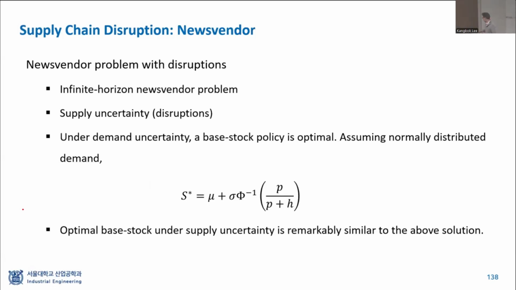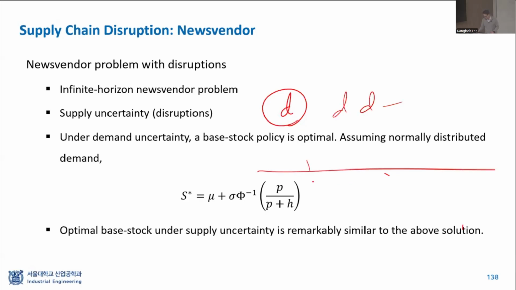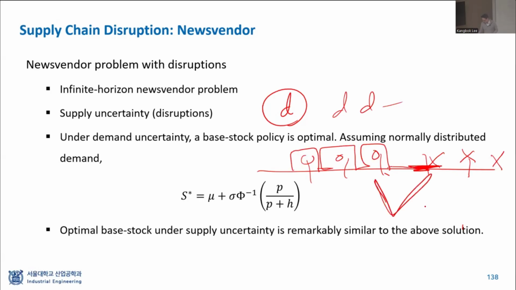The customer demand is fixed at D, it's always D. But the problem is that in certain time periods the supplier may work, but at some point it may not work. Once it's not working, it may not work for several periods. This is captured by the discrete time Markov chain, and then I can apply a corresponding inventory model that is quite similar to the newsvendor problem.